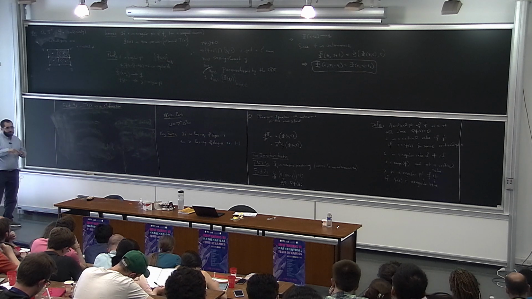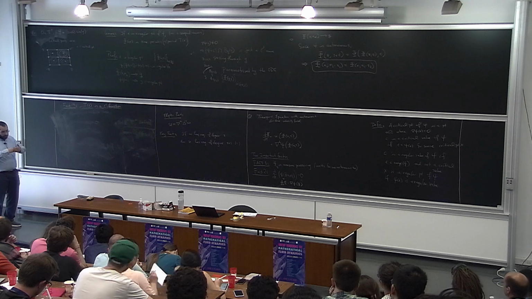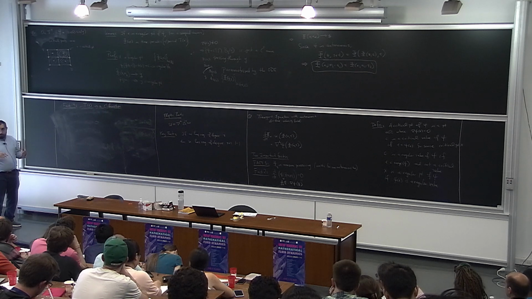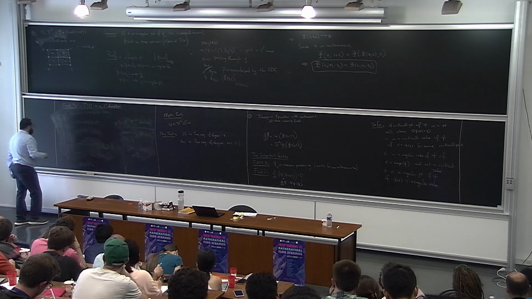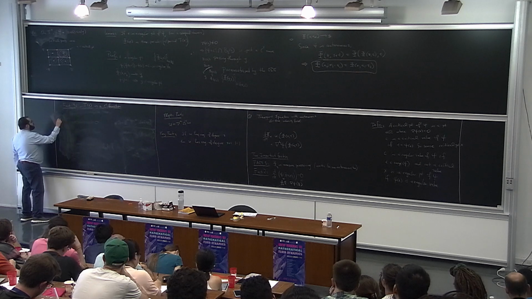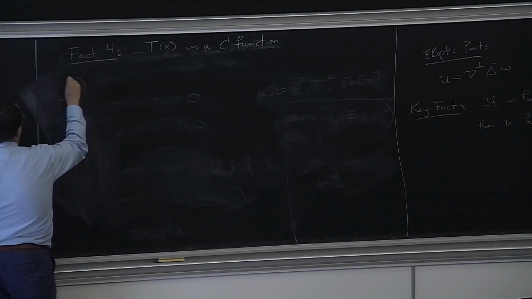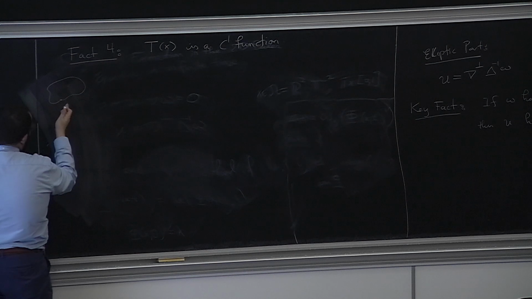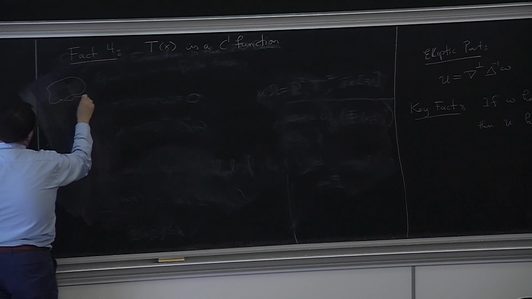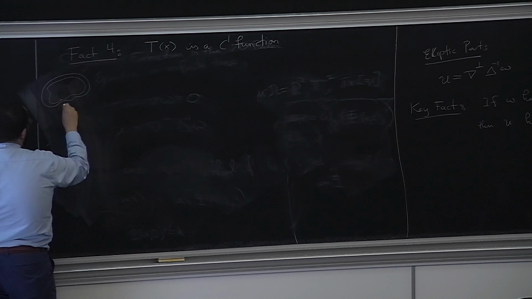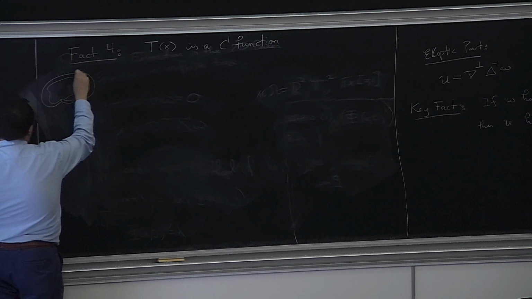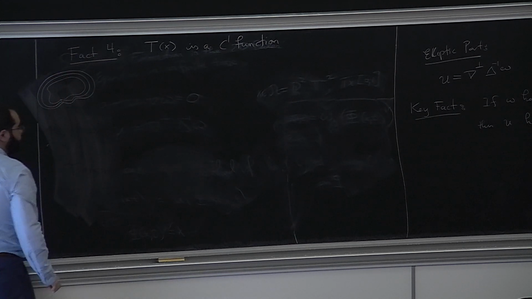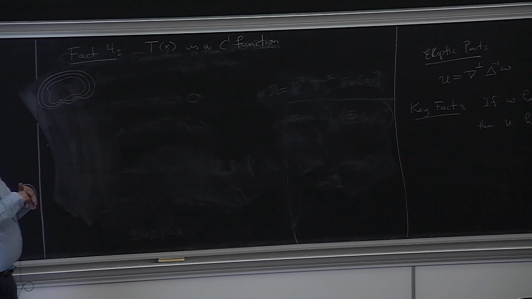So if you have a regular point, all the points around it are also regular. If you have one periodic trajectory here, all of the points nearby will also have periodic trajectories, and the periods are going to be almost the same, but they can change infinitesimally.